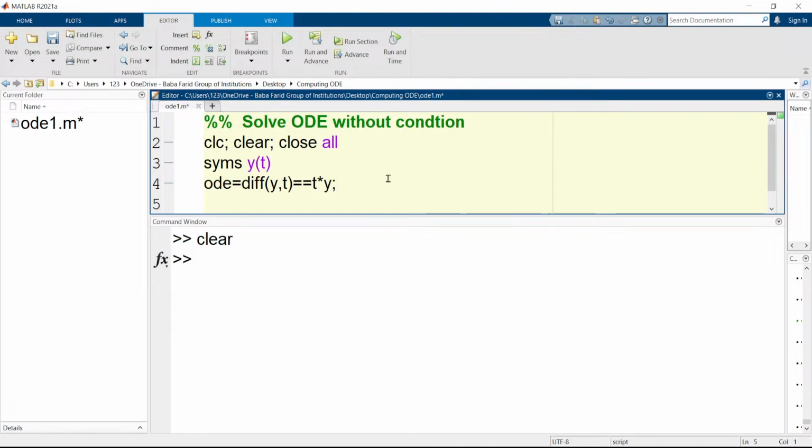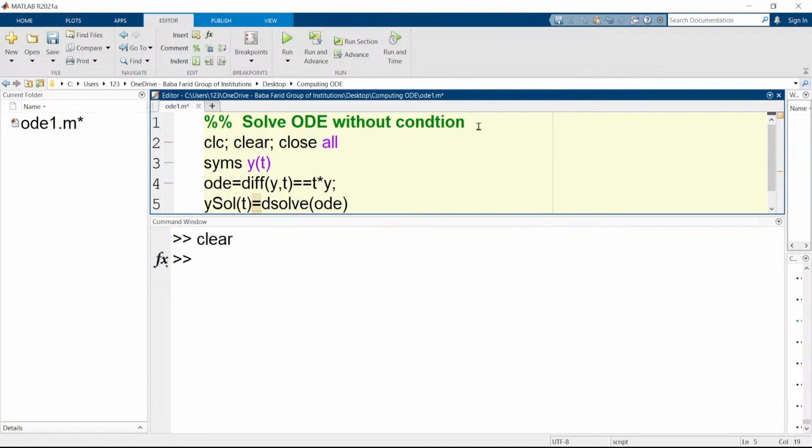Then we want to solve this differential equation. y solve for t will be equal to, this is the solution, dsolve. The dsolve function will be used, and this will solve the differential equation ODE.